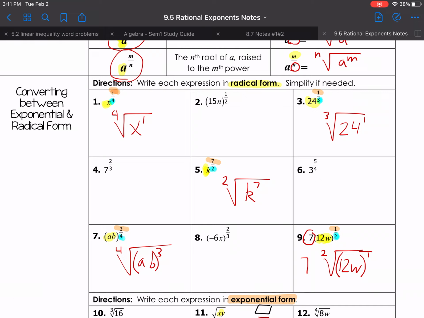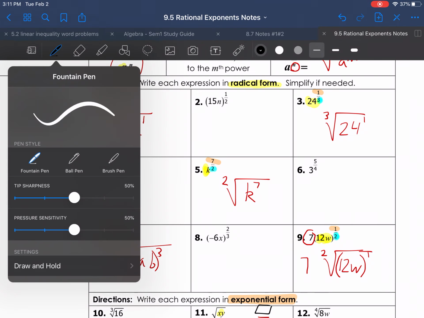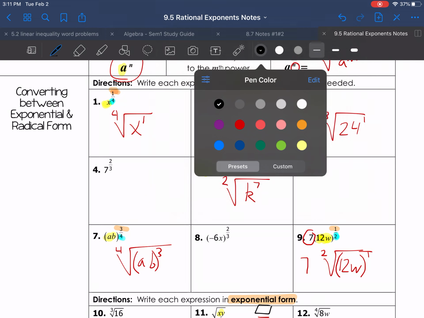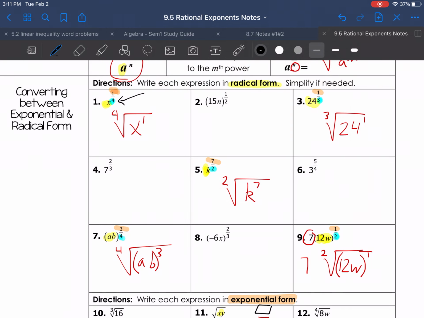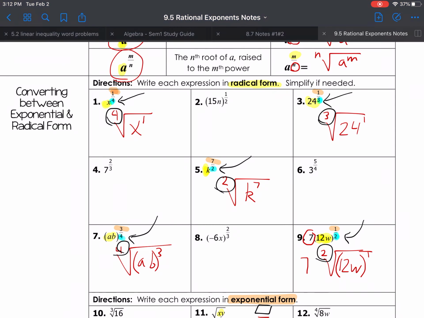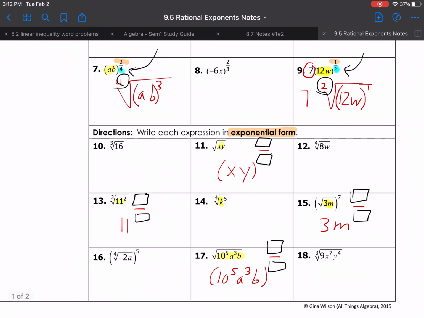You have the 4 down here in blue, the 3 down here in blue, the 2 down here in blue, the 2 down here in blue, the 4 down here in blue. Well, notice they all went where the root is of the radical, every single time. So I can take whatever number is at the root and put that on the bottom of my fraction, right?